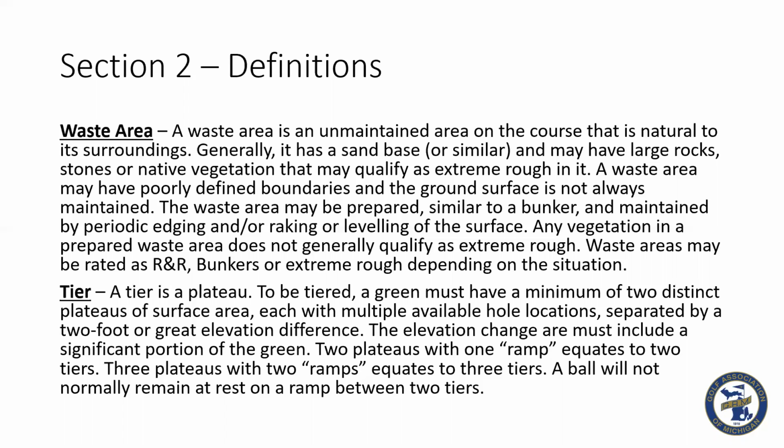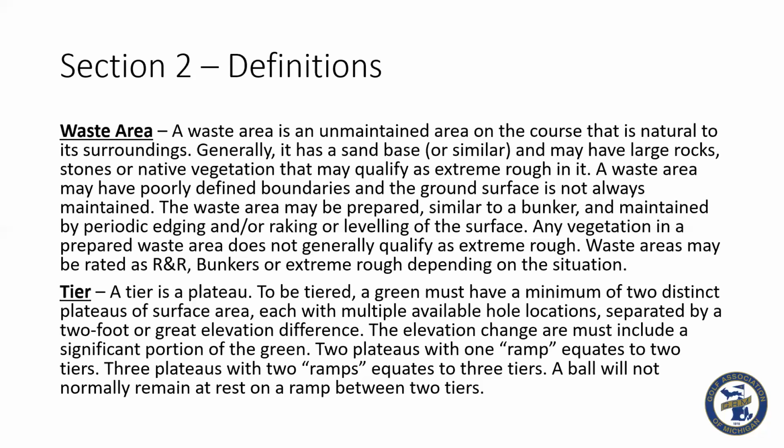If we have 2 plateaus with 1 ramp, that equates to 2 tiers. If we have 3 plateaus with 2 ramps, we're getting super crazy greens here. U of M is a good example where we have 2 ramps that equates to 3 tiers. The other key thing here is that a ball will not normally remain at rest on a ramp between the 2 tiers.